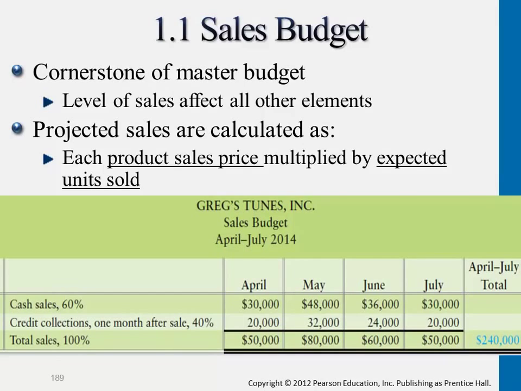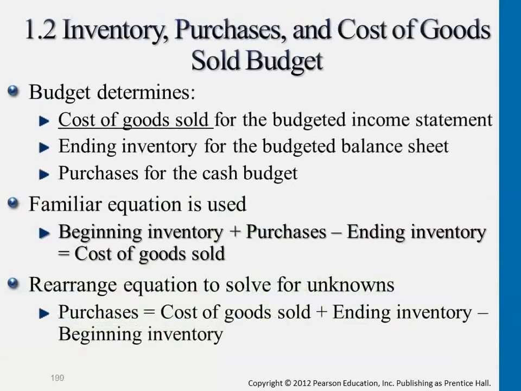After sales, what links to sales is cost of goods sold and all the inventory related numbers. This area of the budget determines the total dollar amount of inventory cost, which we call the cost of goods sold. What is the anticipated ending inventory level after your expected sales? What is the dollar amount of purchases that you may need to make after sales entries?